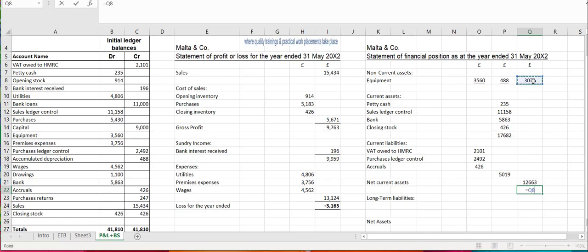And then I pick up my non-current assets and my net current assets. And then I have long-term liabilities. I believe I have a bank loan, and that is the only long-term liability I have in this question. And I can deliver that against the last column.